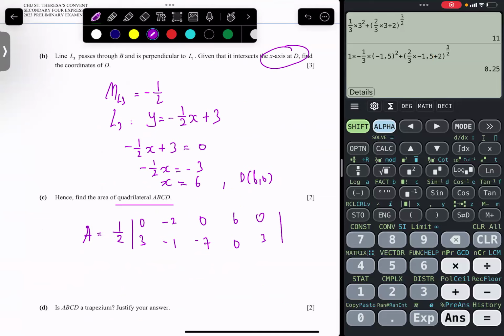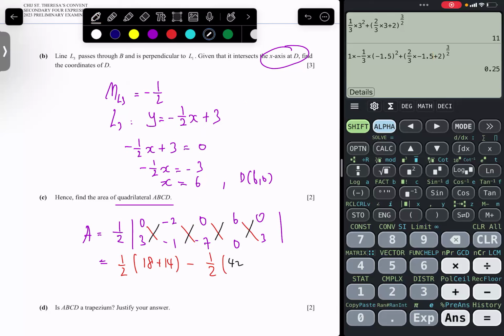So many zeros, which is a good thing. 0, 14, 0, 18. So 14 plus 18, minus the other side, 0, 42, 0, minus 6.